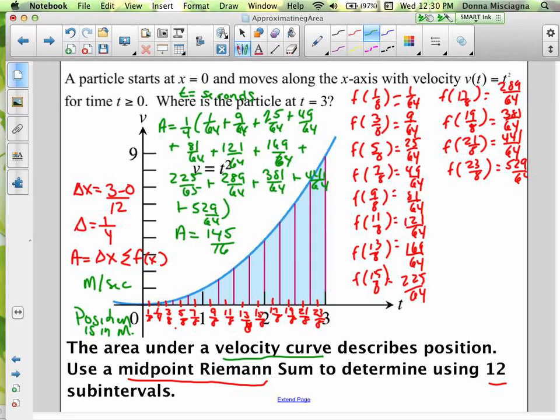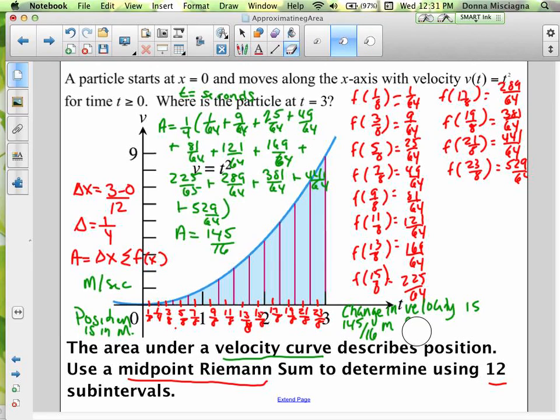So if we have an area of 145 over 16, that means the change in position is 145/16 meters, and that was with a time period of 3 seconds.